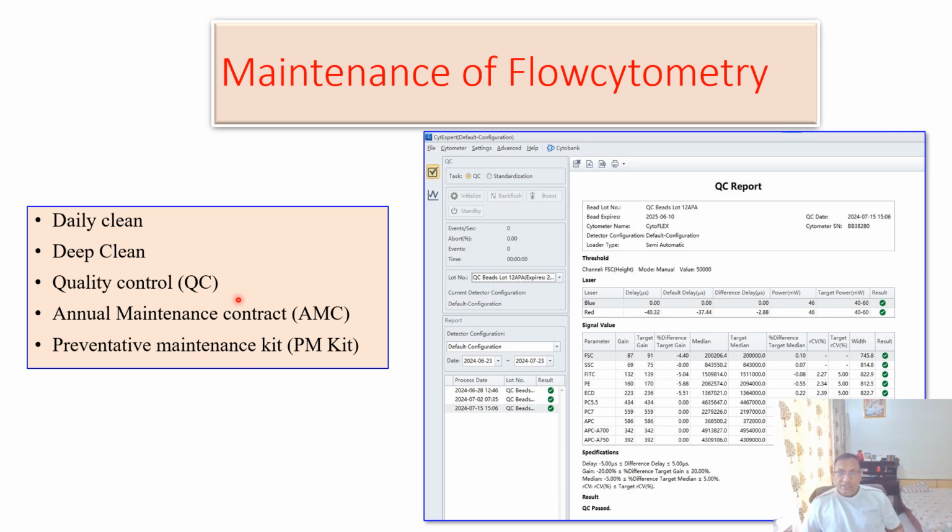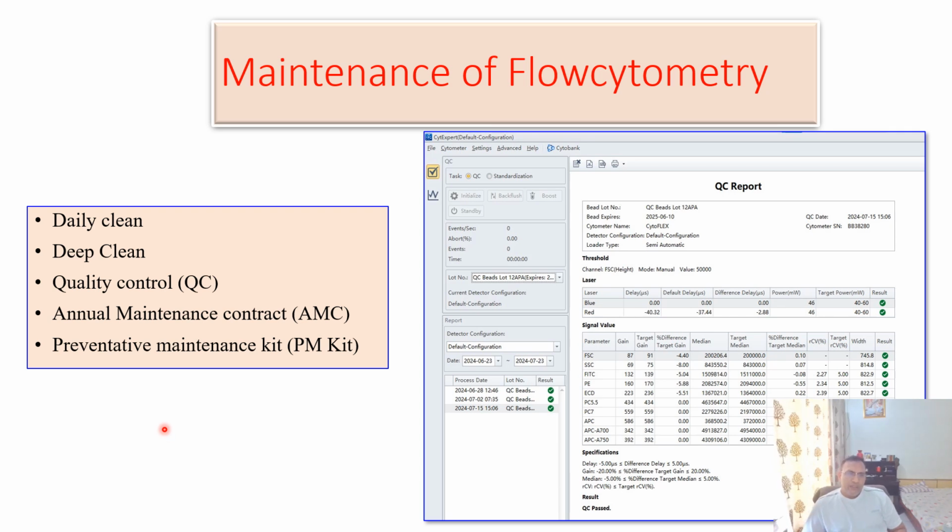If it is not working, there is no use of running the sample, it will give a biased or false result. So first we run the QC beads, and when it is passed, it comes up tick, tick, tick, tick, tick in green colors. When it is not passed, it will come in red colors.